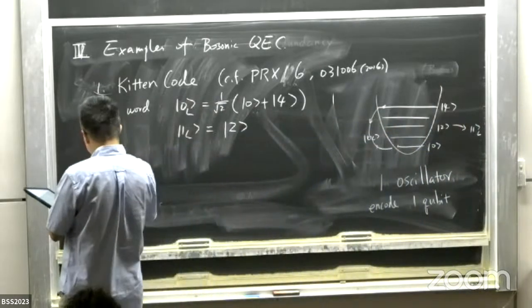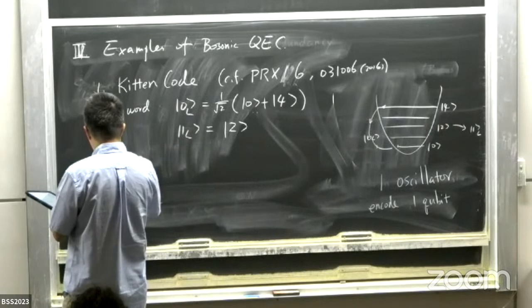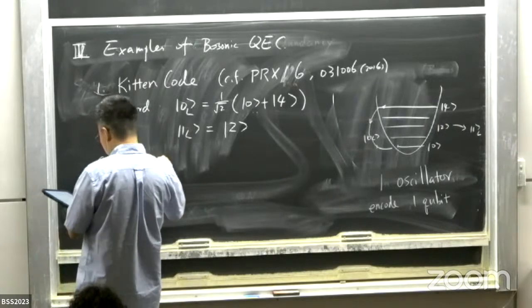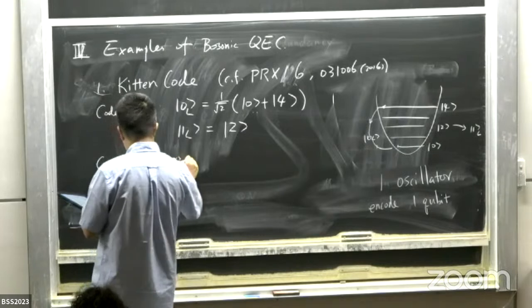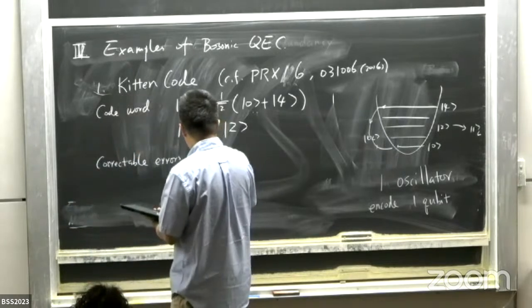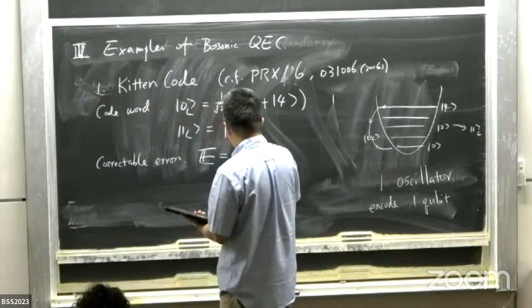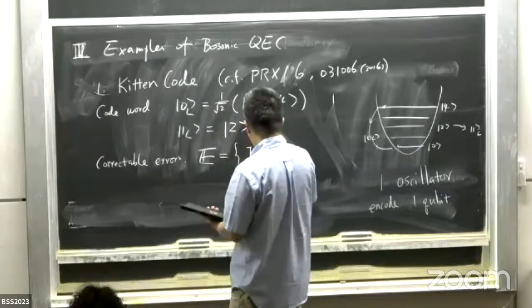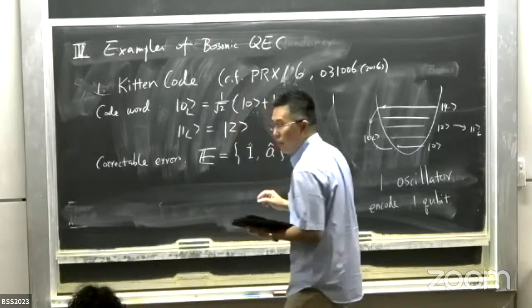Okay, but let me write down the correctable errors: just identity and the annihilation operator.